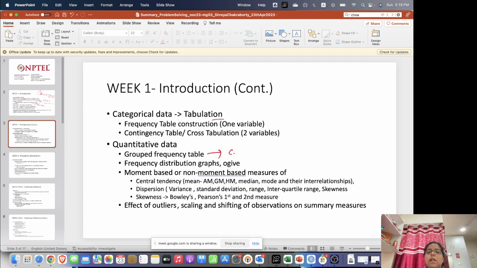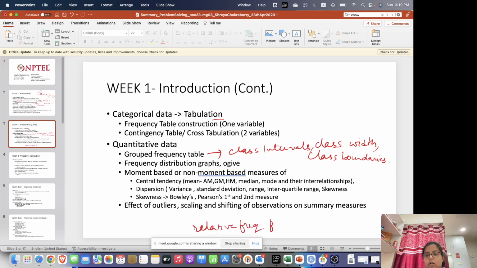In this context, we learnt about class intervals, class width, class boundaries. These are important terms which we should be careful about. Then we learned how to draw frequency distribution graphs, and also that relative frequency distribution would give a close approximation of probability distribution.